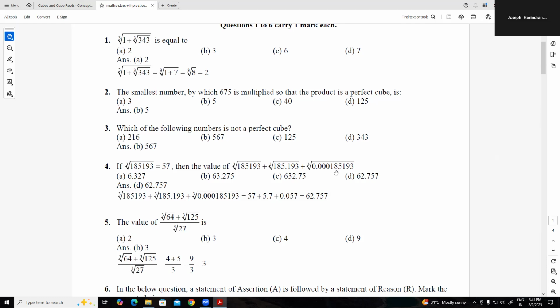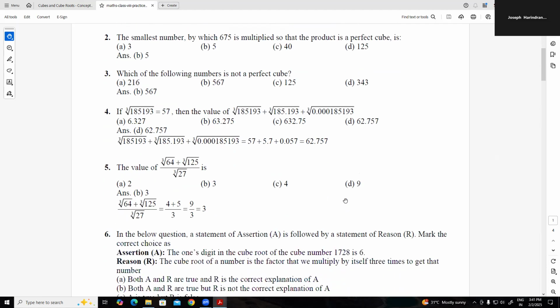So there should be 3 decimal places in the cube root. We know the digits 57 are already there, so it should be 0.057. Add all these numbers and you get 62.757. That's the answer, option D.